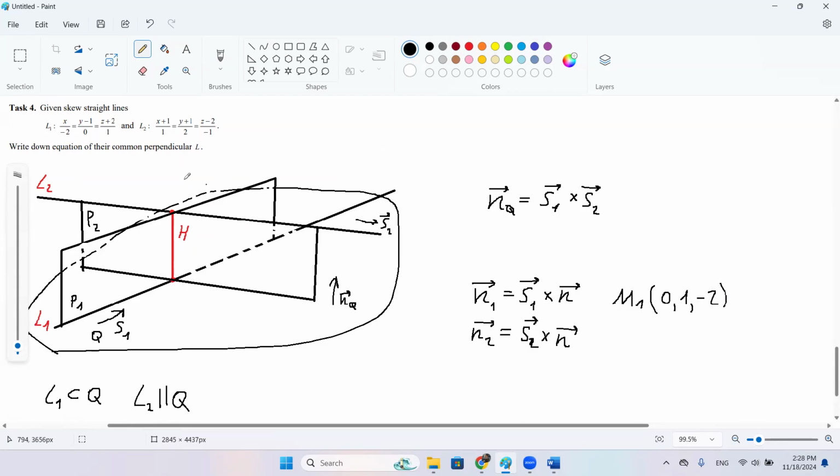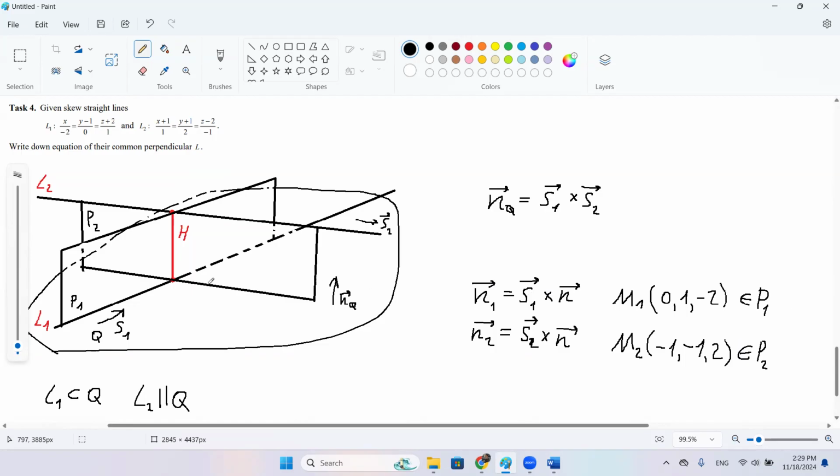Because L1 belongs to P1, M1 belongs to P1 as well. And M2 with coordinates -1, -1, 2 belongs to P2. So with the normal vectors and points, we can write down equations of the P1 and P2 planes.